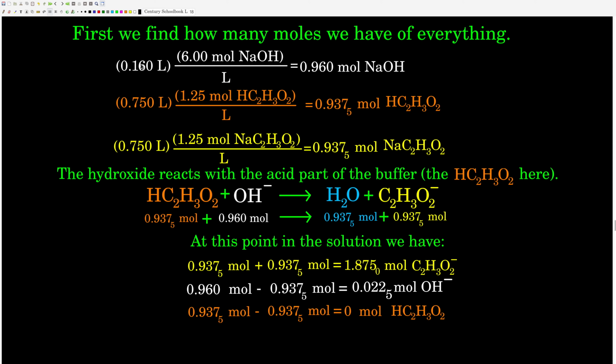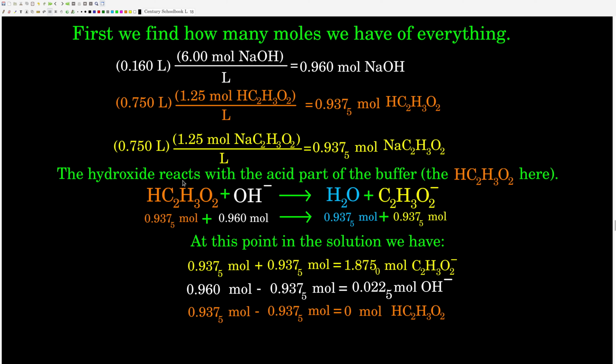So 160 mL or 0.160 liters times 6 moles per liter is this many moles of sodium hydroxide, this many moles of acetic acid, this many moles of sodium acetate or acetate ion. So the way I set this up is we've added more sodium hydroxide than we have of, in this case, the acid, because this is the base. It's going to interact with the acid.